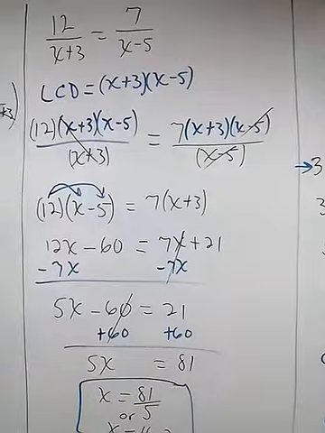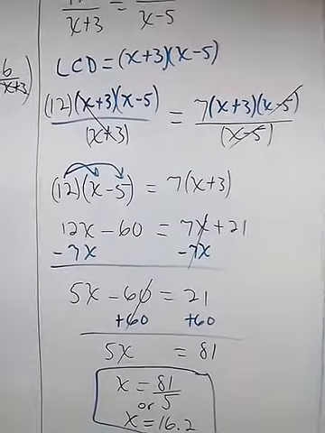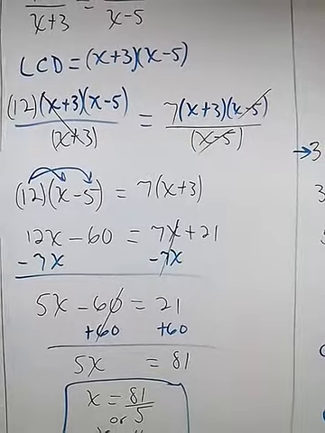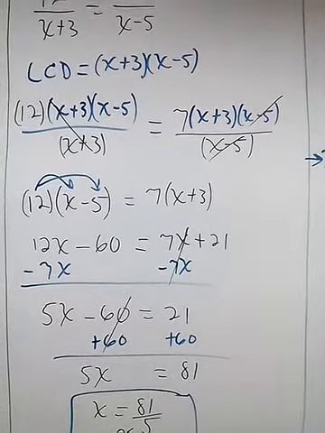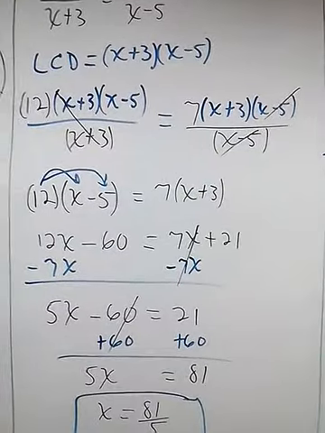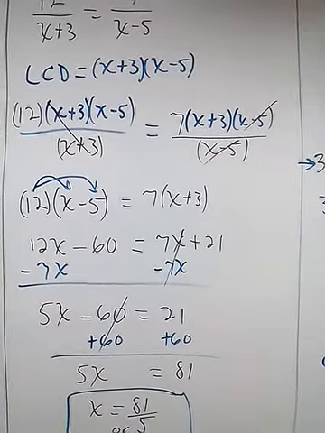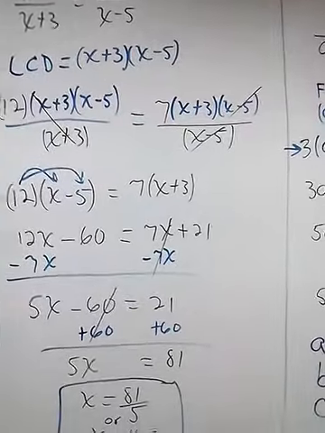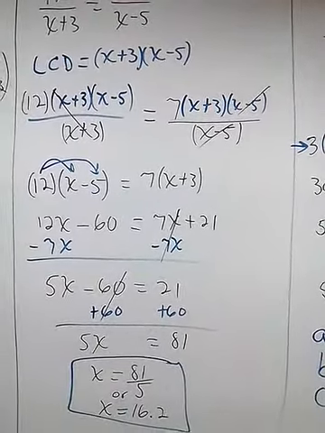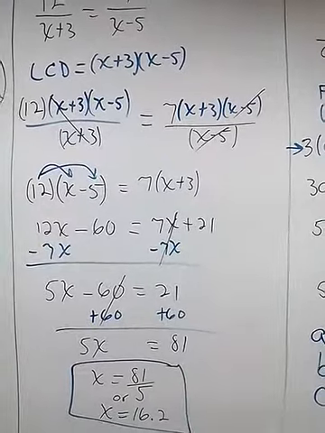We can do our distribution to get 12x minus 60 is equal to 7x plus 21. Simplify our x term by moving our 7x over to the left by subtracting on both sides to get 5x minus 60 is equal to 21.